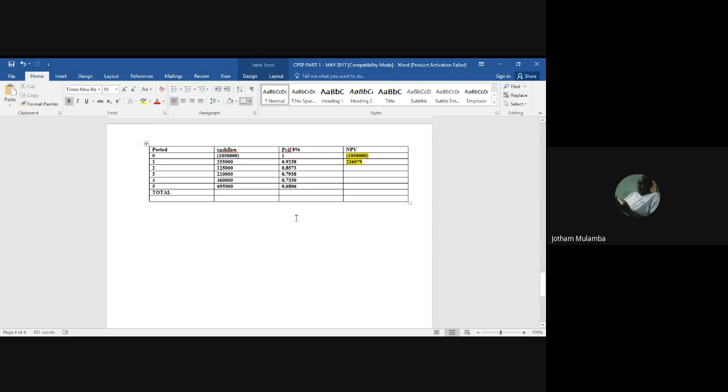Year two is 125,000 times 0.8573. 107,162.5.